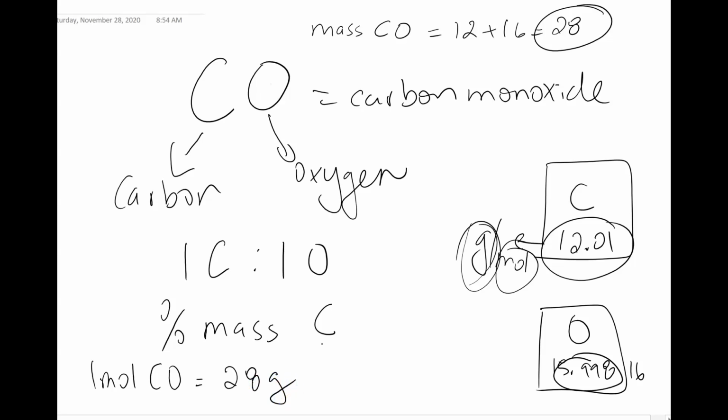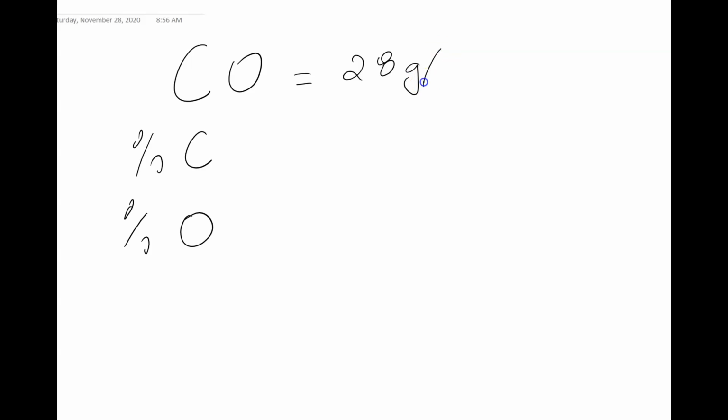Now the question is this. If I have CO, what percent is carbon? What percent is oxygen? Those percentages are only by mass. We just said CO is 28 grams total per mole. So carbon is 12 grams. What percentage is that out of 28? So part by whole, and then the rest would be oxygen.